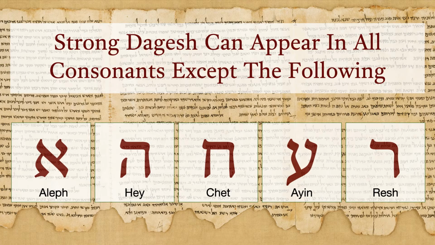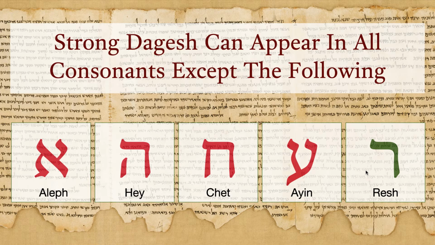Another rule is that the strong Dagesh can appear in all the consonants except the following. These consonants below don't receive a strong Dagesh, and these are the gutturals. These first four are gutturals, and in addition, Resh.